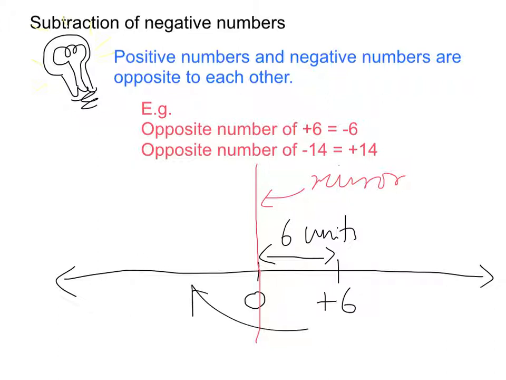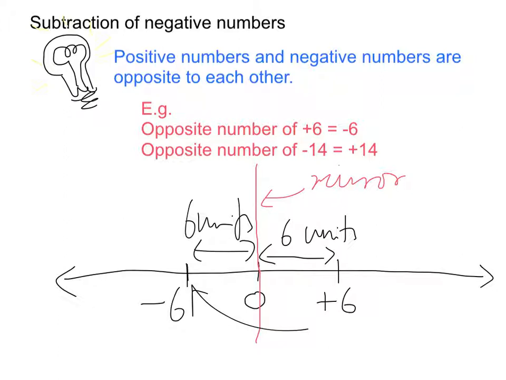The opposite of right is left, so here is also 6 units. In this case, we want to specify it is on the left, so we use a negative sign, and this is negative 6.